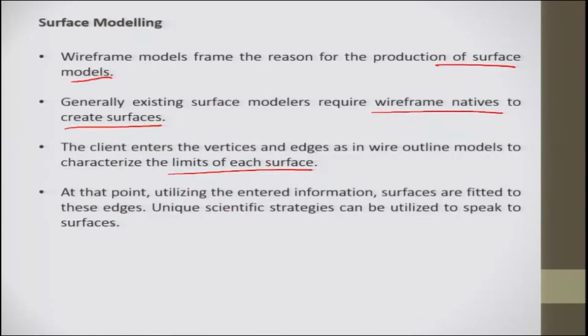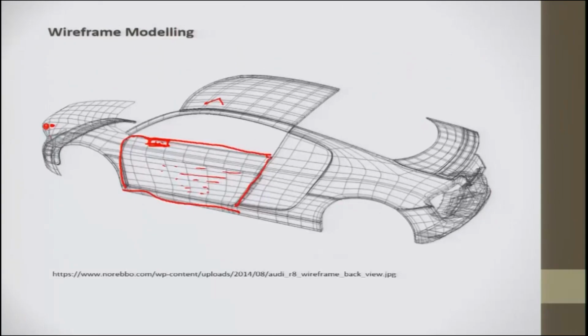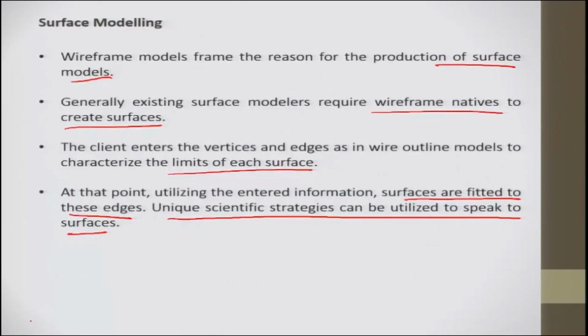So at this point, using the entered information, surfaces are fitted to these edges. Unique mathematical techniques can be used to represent surfaces. For instance, freeform surfaces can be represented using one of the following geometrical representation techniques. For the surfaces which are just freeform here, the non-geometrical curves can be used.